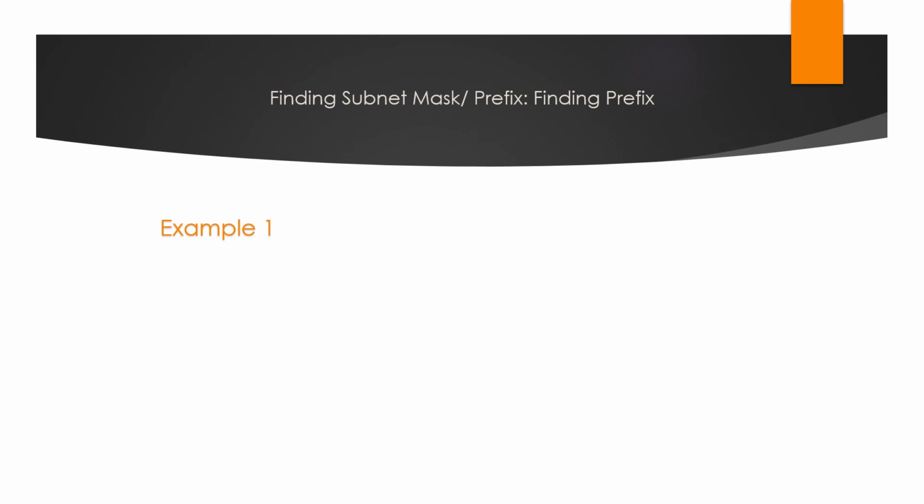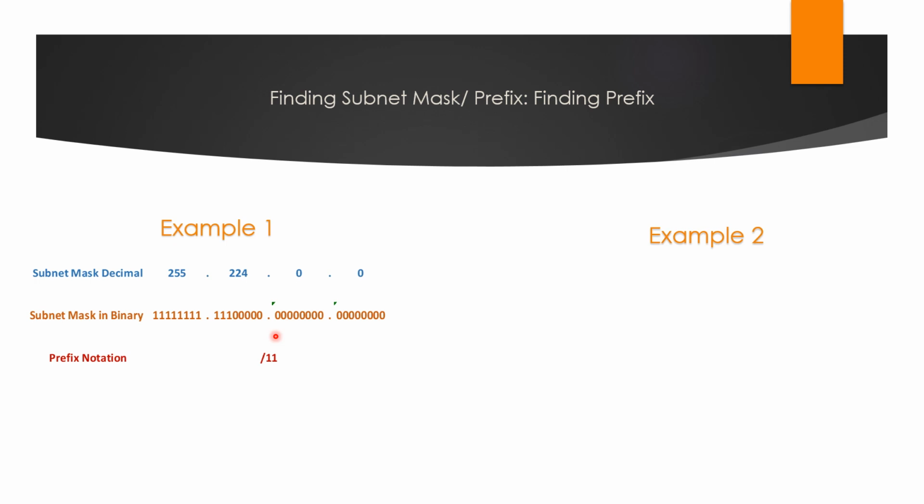So let's go with example 1, where we have the subnet mask in decimal format 255.224.0.0. We have to convert that from decimal to the binary format, and we will have this subnet mask. And if we count the bits from left to right, we will be able to find the prefix notation as /11.